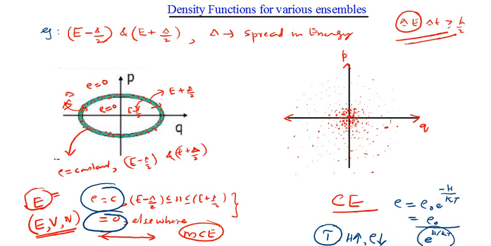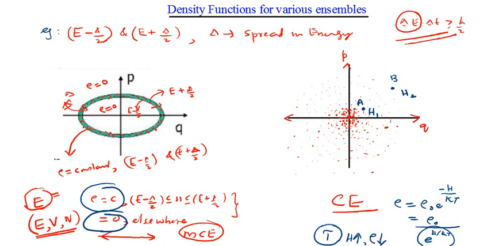Say that I'm taking a point here, A, where the system has an energy or Hamiltonian H1, and I'm taking a point B where the system has another Hamiltonian H2, where the energy is different.